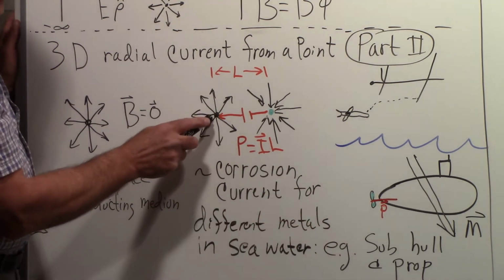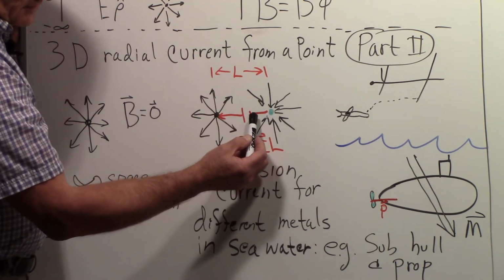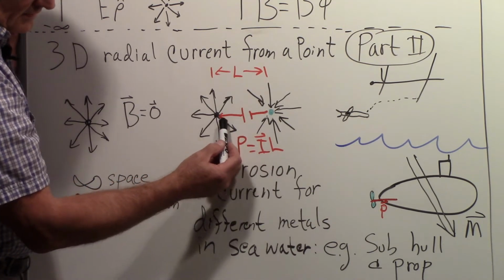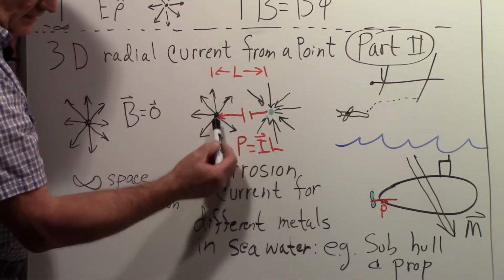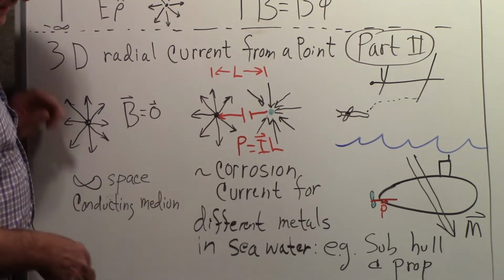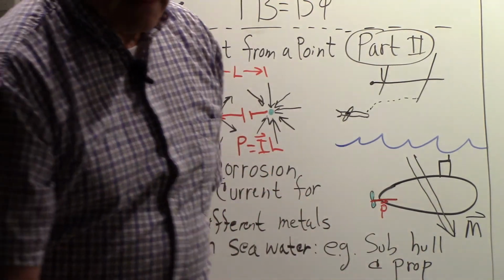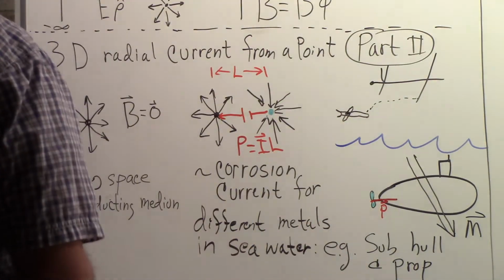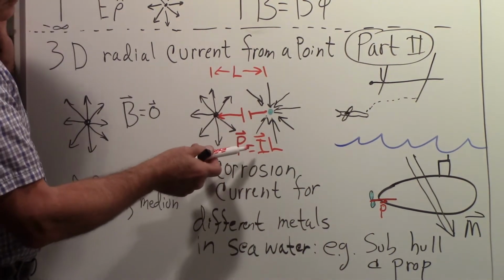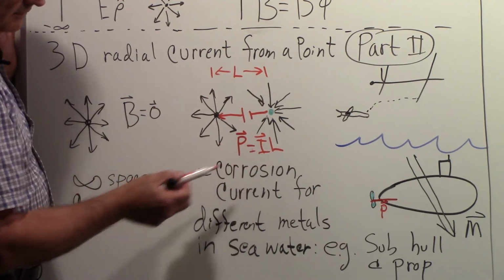So here the current's flowing out, here it's flowing in. And we imagine the source of the current to be a battery in between them, which is insulated from the conducting medium. And that causes an electric current moment to exist, which is equal to the current flowing and the length, IL.